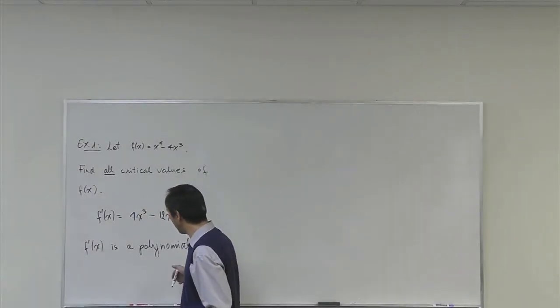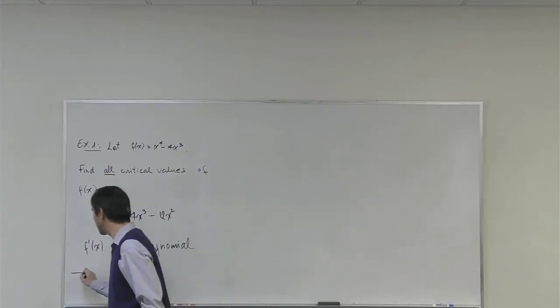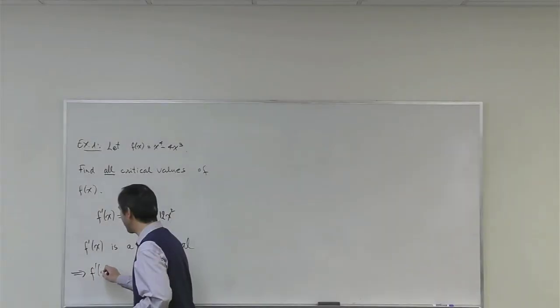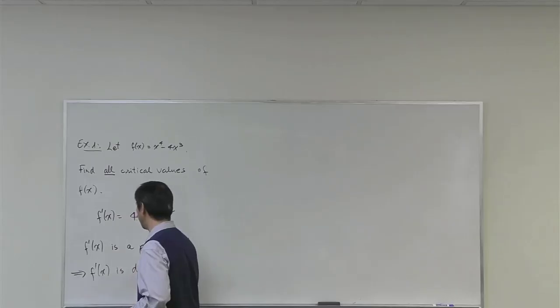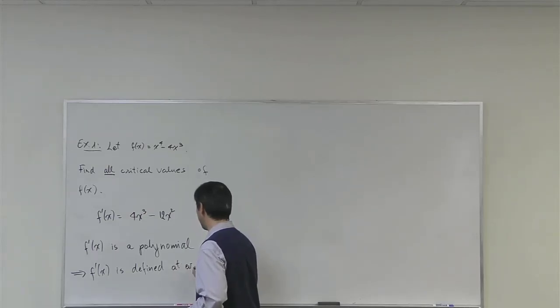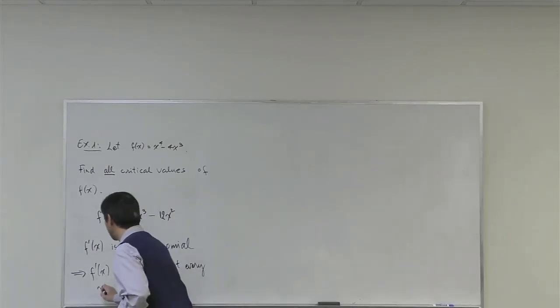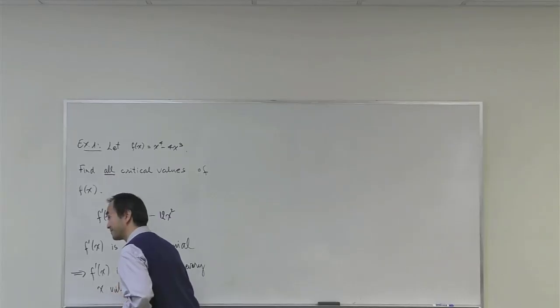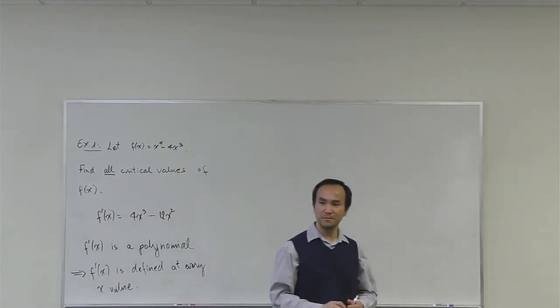And so being a polynomial leads to f prime of x being defined, meaning we can have a value for all x values, at every x value. You guys with me right there? Right. What's important about that statement?